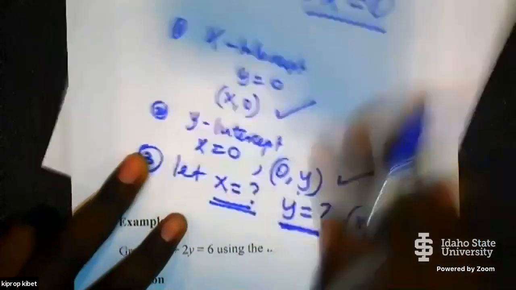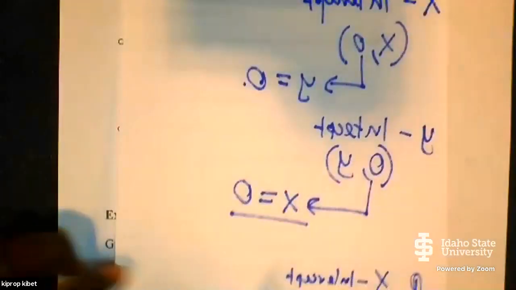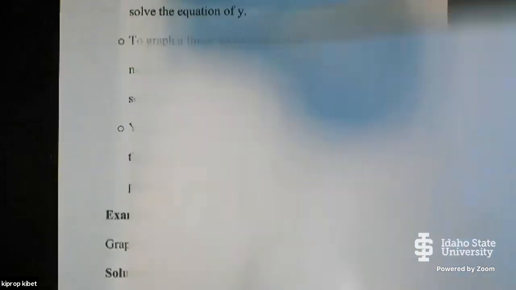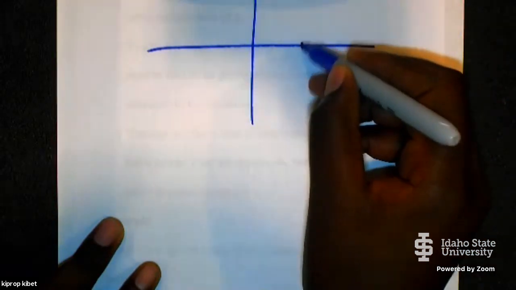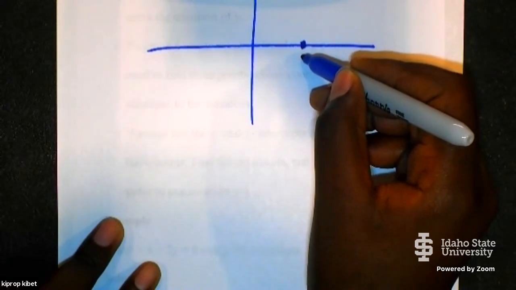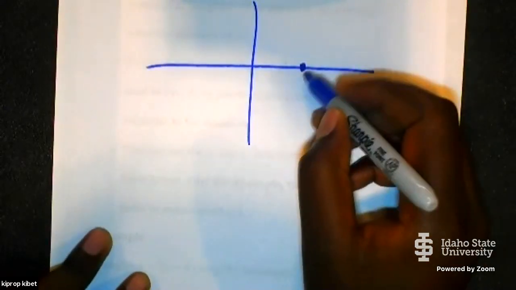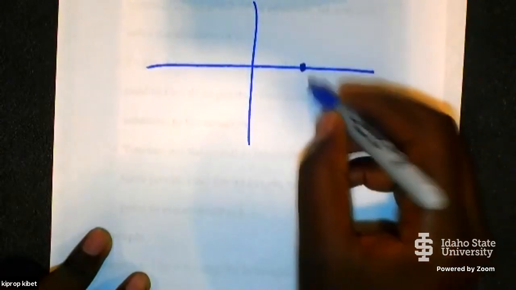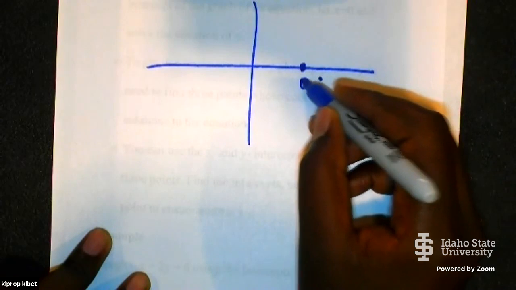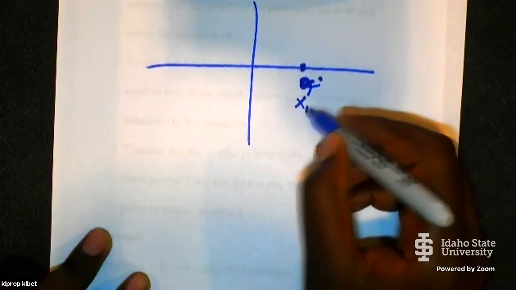And then now you can draw a line over there. So now you can draw a graph. Maybe this one is the point where y equals 0, so let's say this is the point (x, 0).